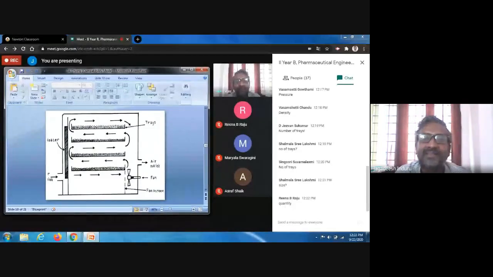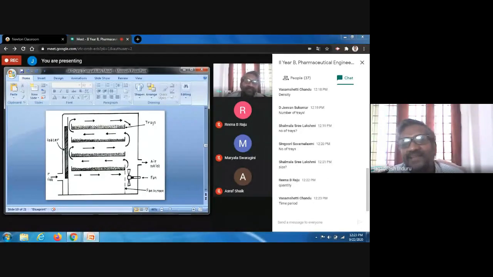Say for example, if your mother says you soak some material in the sun, if you are putting more quantity in a thick manner, it is delayed. If you are spreading evenly in a small manner, then it is faster. If the area of the tray is the same and you are keeping more quantity, what will happen? Your thickness. Excellent.